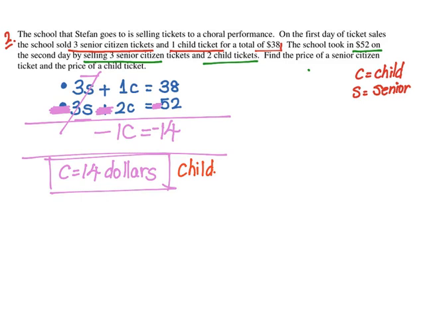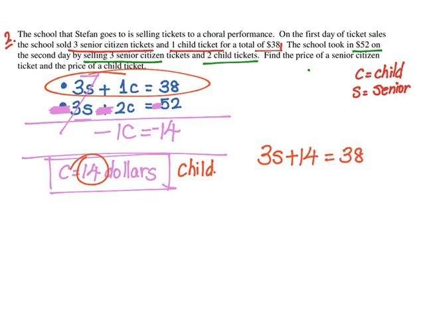Now we still need to find the cost of S, or the senior citizen ticket. For that, I need to plug in the value. I take the top equation, which is easier. So let us take that: 3S plus 1 child ticket. How much was the cost of 1 child ticket? $14. The total amount was $38.